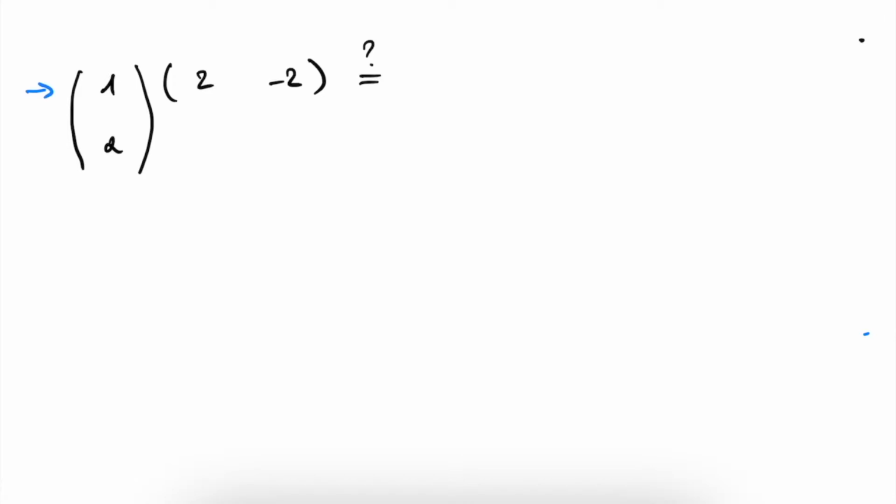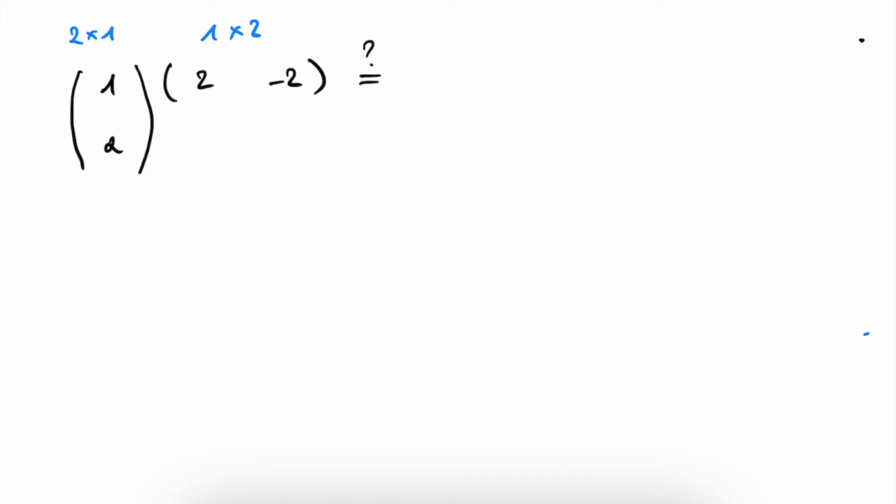In the first matrix, we have 2 rows and 1 column, which means that we have a 2 times 1 matrix. In the second matrix, we have only 1 row and 2 columns. So this is a 1 times 2 matrix. So indeed, these inner numbers are equal, which means that we can do the multiplication.